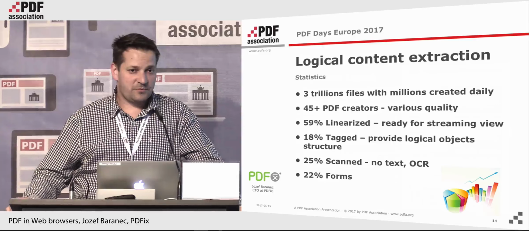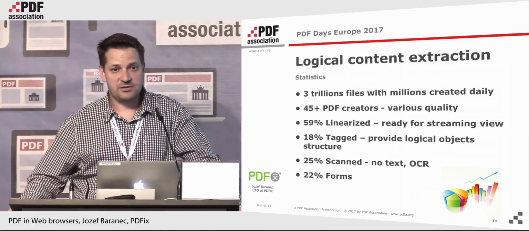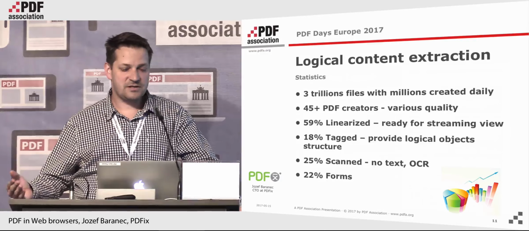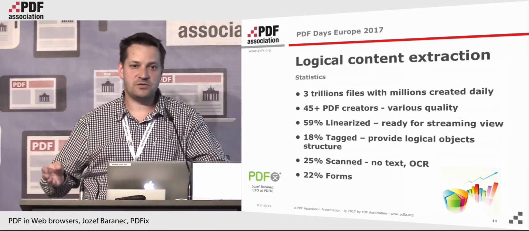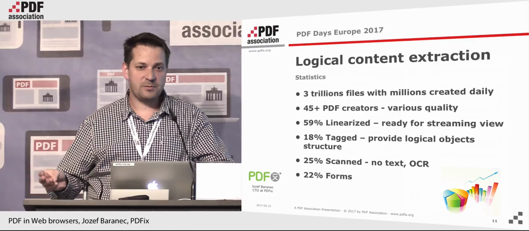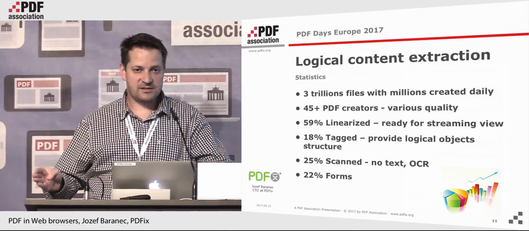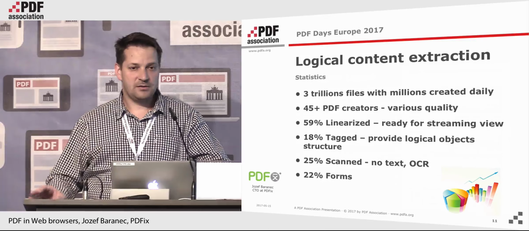There is a huge number of scanned files, which are just images. So again, some processing must be done on these kinds of images. There are tools which can do a great job with optimizing, with conversion to PDF/A, for example. But in terms of processing these files, the structure needs to be identified correctly.